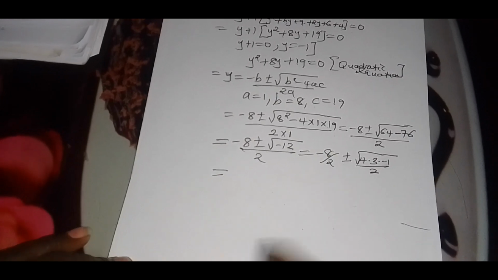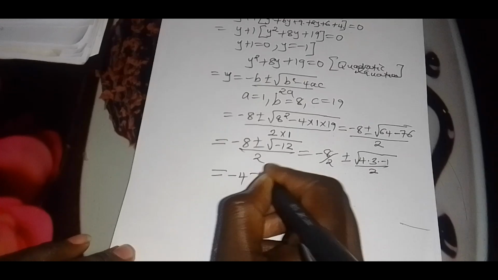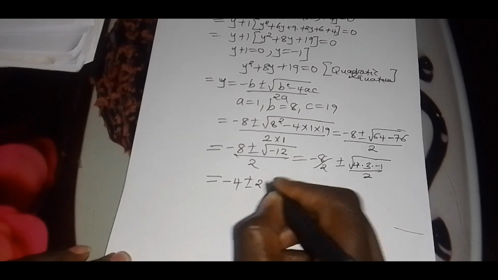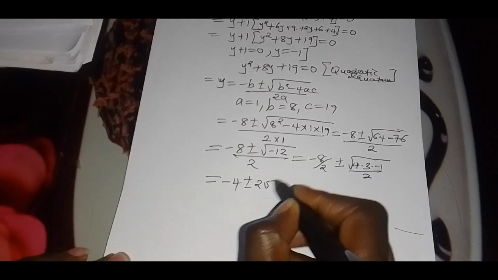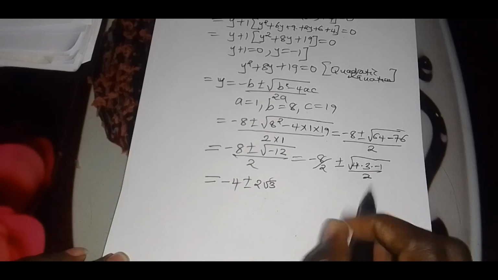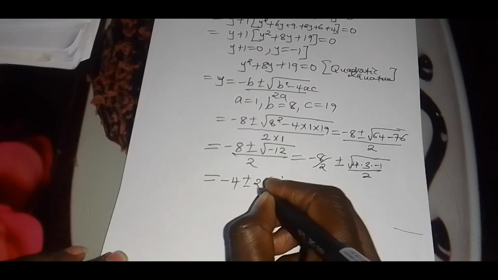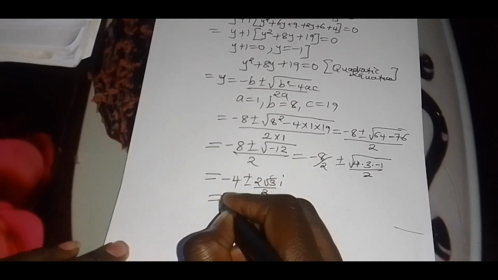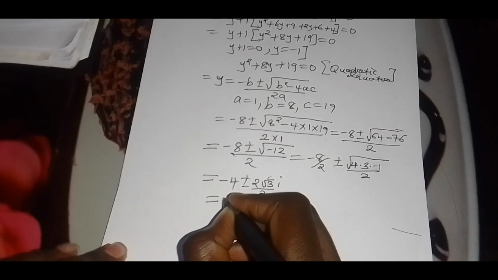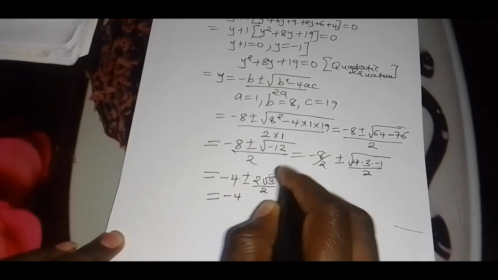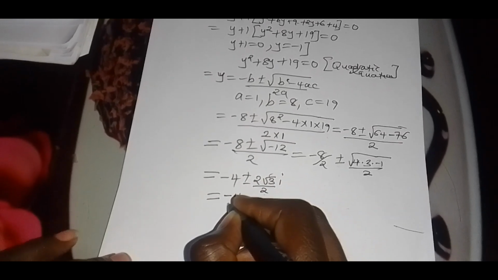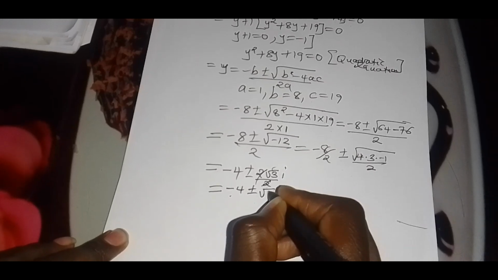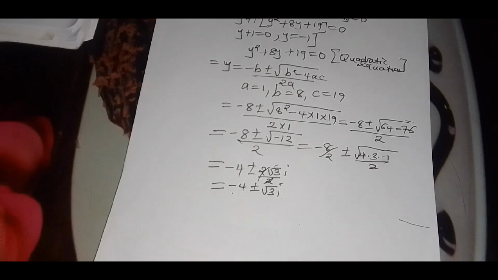So negative 8 divided by 2 is negative 4, plus or minus. Now the square root of 4 is 2, multiplied by the square root of 3, and the square root of negative 1 is i. Divide everything by 2, so that we'll have negative 4 plus or minus square root of 3 i.